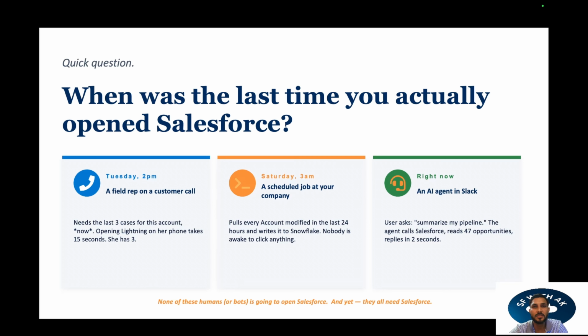Someone types, summarize my pipeline, and in 2 seconds, the agent has read 47 opportunities and replied. It has never seen the Salesforce UI. It doesn't need to. None of them opened Salesforce, and yet they all needed Salesforce. That gap between needing the data and needing the screen is exactly what a headless API fills.